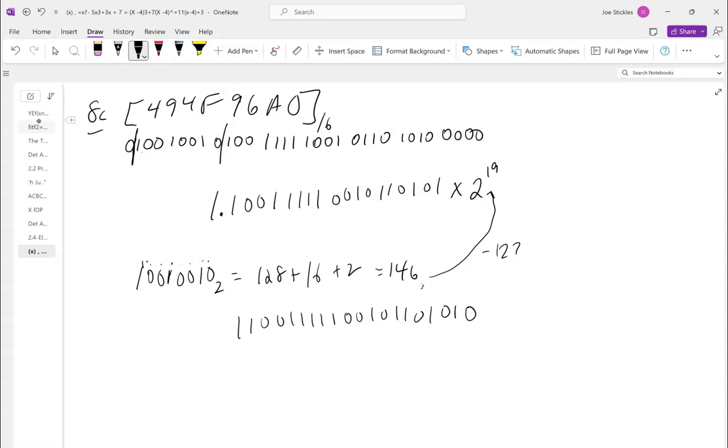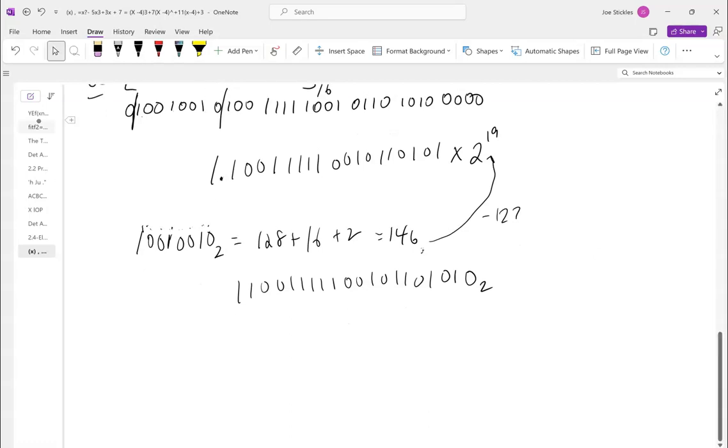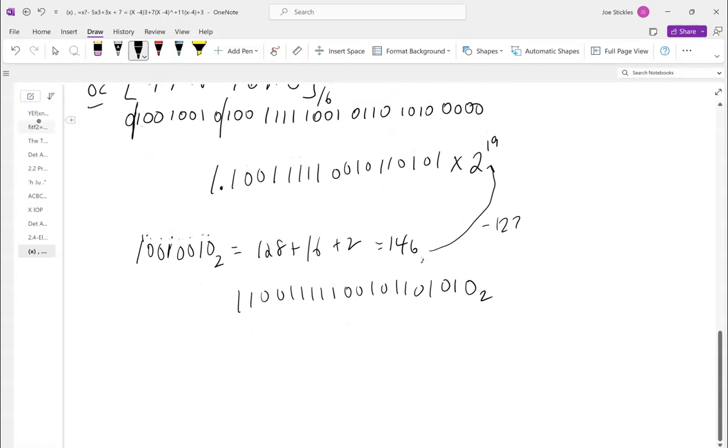Anyway, so this is our number in base 2. So the last thing we need to do would be add up all your things, right? So again, this was 2 to the 19th. We know this one already represents 2 to the 19th because it was there, correct?